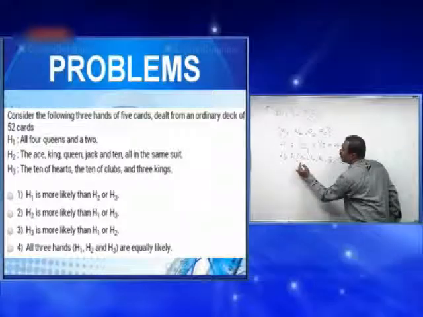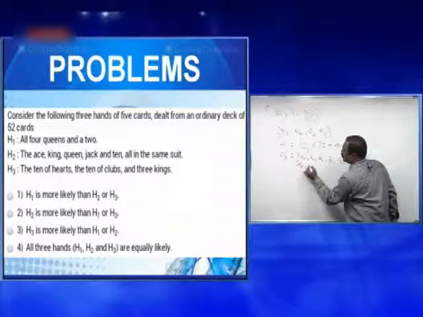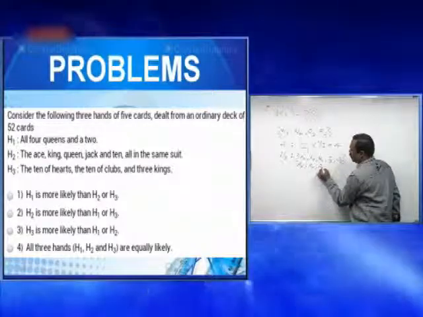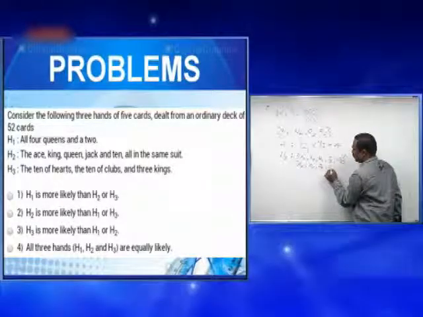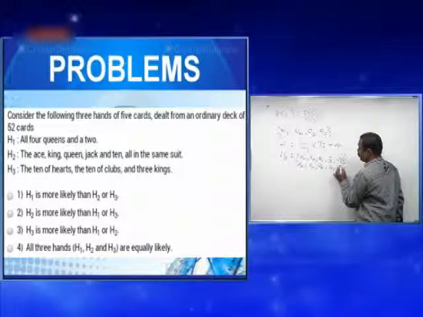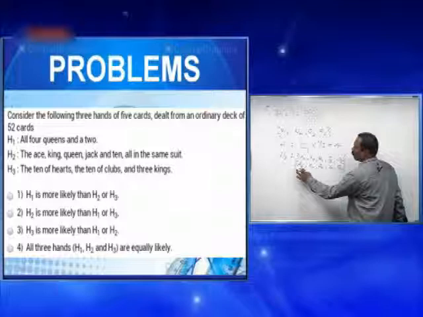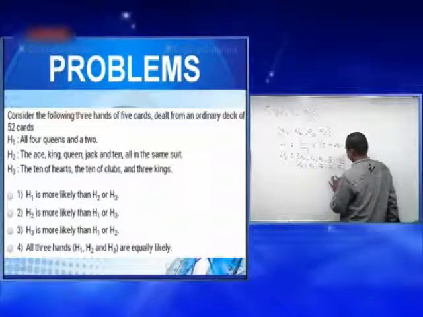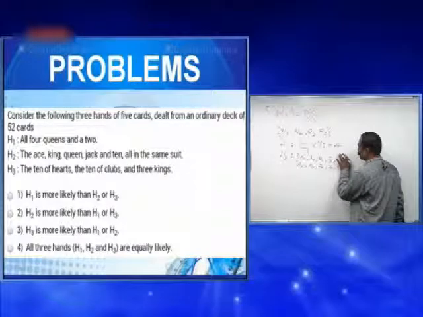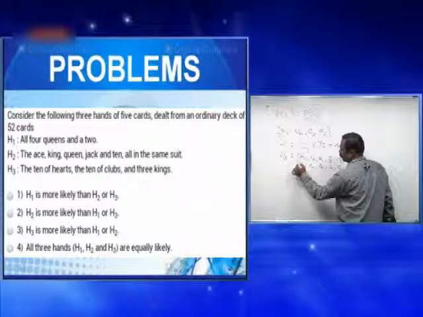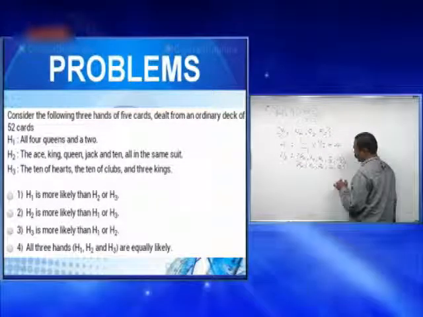Similarly, you will have A from H, K from H, Q from H, J from H, and 10 from H. This is one set. This is the second set. What is the third set?